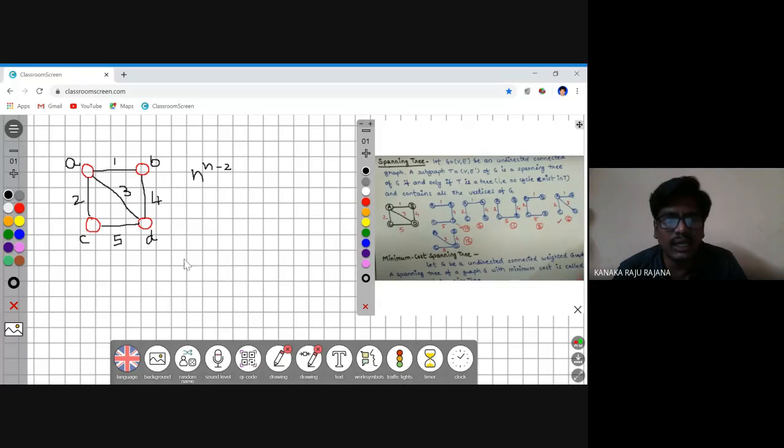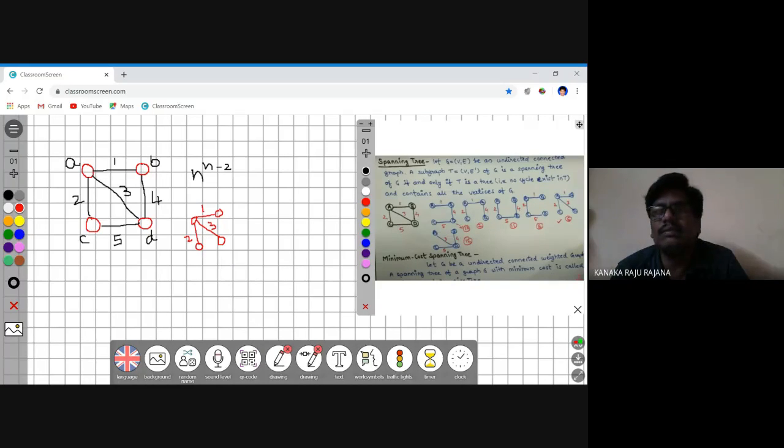Let us say the spanning tree can be the first possible way. Let us assume that I'm going to consider this as my first possible way. This is 1, this is 2, this is 3. So there is a possibility of connecting the nodes in any possible way, where we have learned the possibilities in our last session.